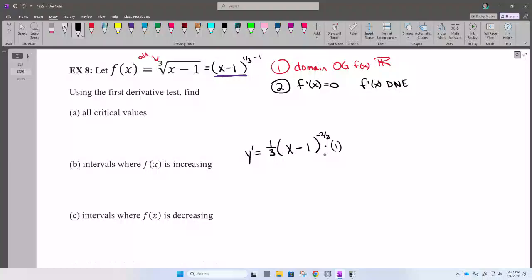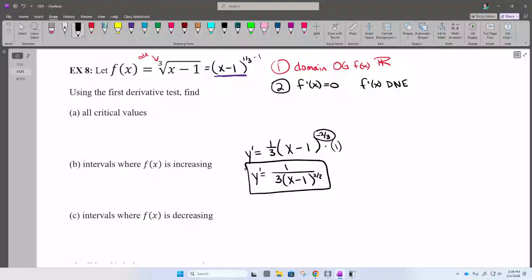I'm going to clean it up a little bit before I figure stuff out. Since this has a negative exponent, I'm going to take that whole term to the denominator. My fraction in front, 1 is in the numerator, 3 is in the denominator, and then I'm moving this big term down into the denominator with it. Times 1 doesn't affect it, so here is my first derivative.